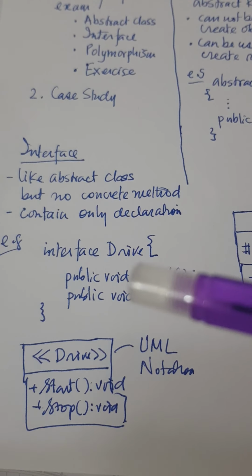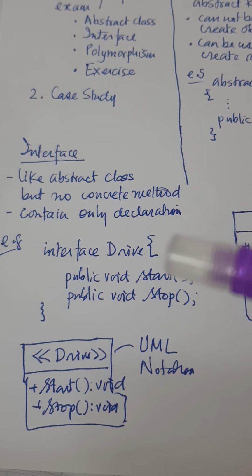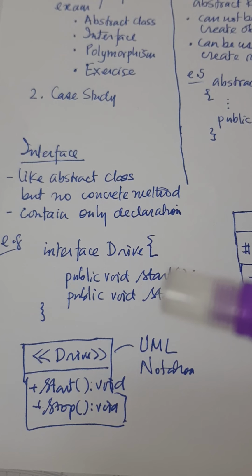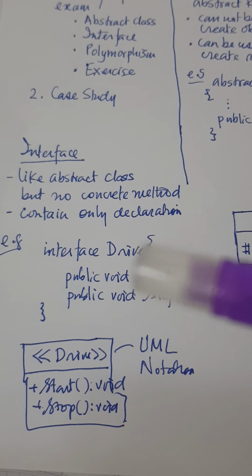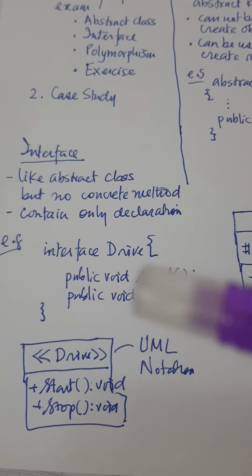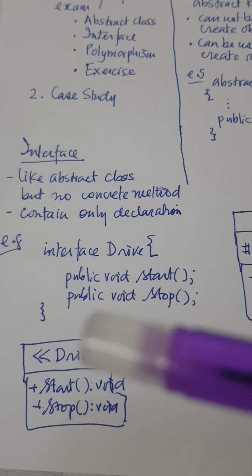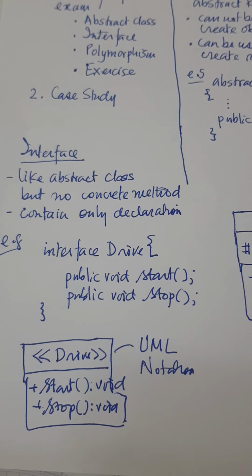So when you use this interface, your responsibility will be to implement these two methods. You have to write some action in that particular method, so that this interface is used in your class. And in a UML notation, we put angle brackets to represent an interface, and we define these two method declarations in the UML notation.